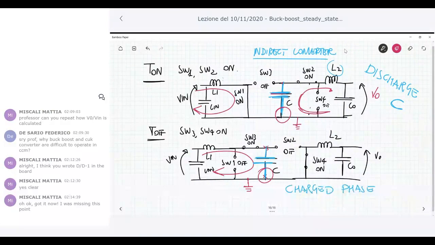But we can have a topological modification of the circuit, which is exactly the opposite topological change that we made for the buck boost. Previously, by the analysis of the buck plus boost converter, we recognized that the inductor has one of the two terminals, but not always the same, connected to ground. Then we made a topological change to fix permanently one of the two terminals to the reference node.